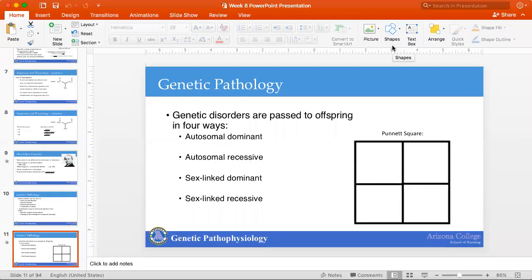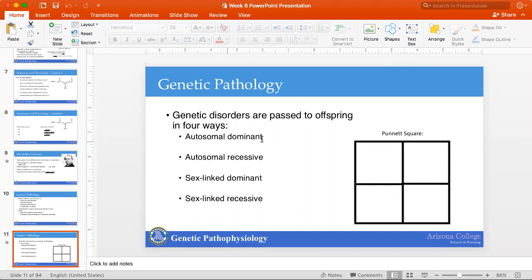The difference between the two is that an autosomal is one of the chromosomes between 1 to 22. It's just not one of the sex chromosomes. So it could occur on the third chromosome or fifth chromosome or whatever. A sex link would be directly related to either the X chromosome or the Y chromosome.